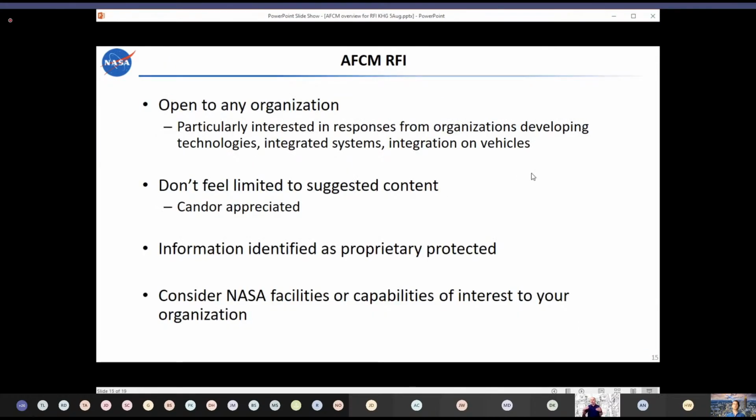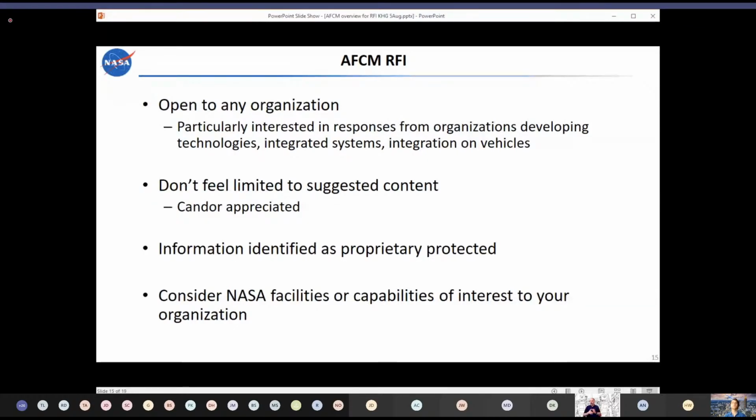So sort of changing gears, that's the background on the NASA activity. Let me just briefly talk some about the request for information that's out there, and then also the overall partnership strategy. I want to emphasize that the RFI is open to any organization.